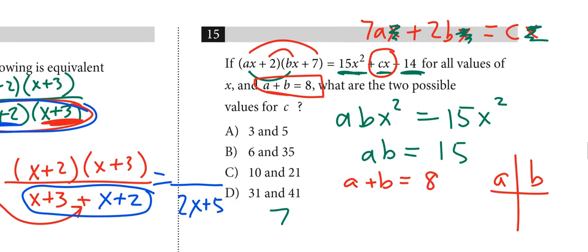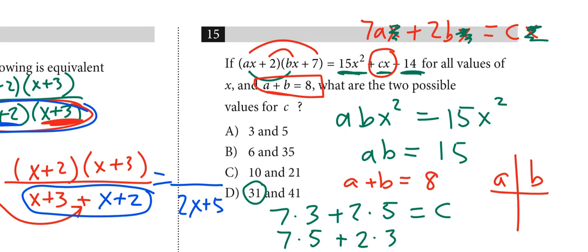But C, if you said 7 times 3 plus 2 times 5, what would that value of C be? That would be 31. Now that happens to give away the answer right there, because switching it around and 7 times 5 plus 2 times 3 equals C would give me the 41 value. So, yeah, I don't know which one's which, the 3 and the 5. It doesn't really matter to me.